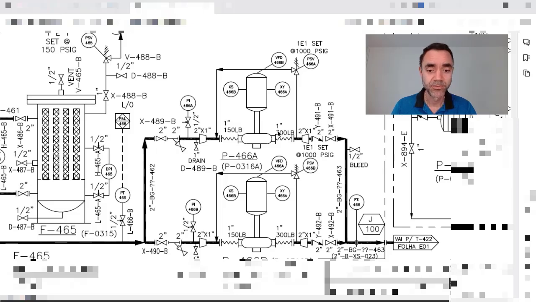So if for any reason I start my pump and this isolation valve is closed, if I don't have a pressure relief device, my pump will build up pressure until my flange breaks, and with that I will have an undesired release of a fluid.